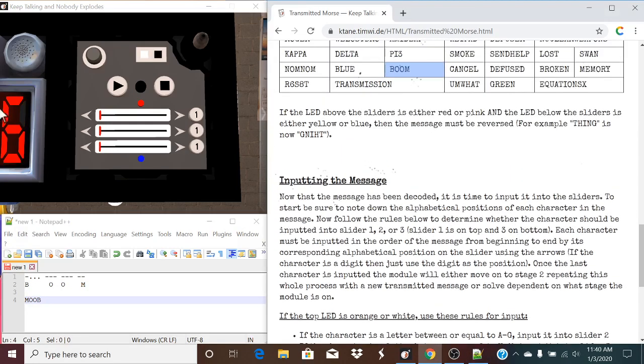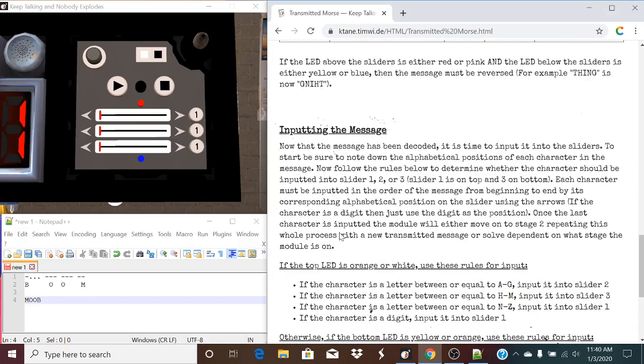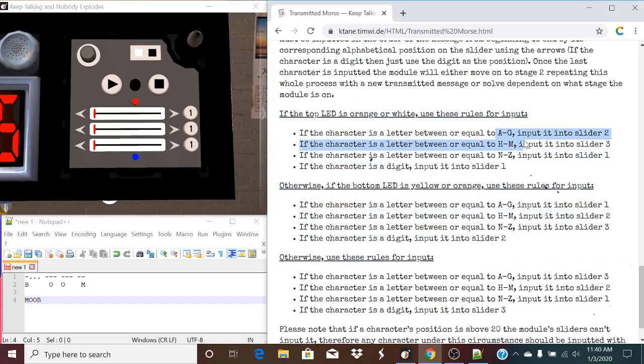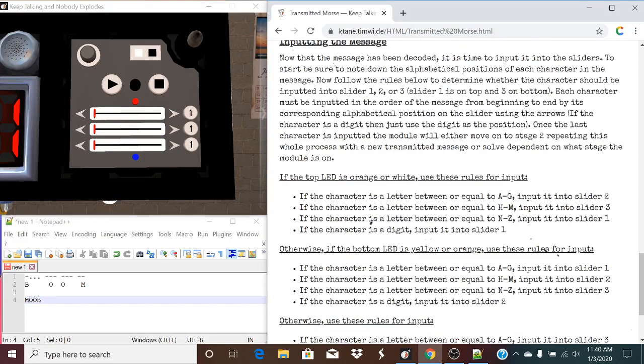So now what we need to do is essentially input that back in. How do we do that? We look for these rules and figure out what ranges of letters must be inputted onto each slider. Now, an important thing to note is that looking at this Hotel through Mike on slider 3, this does not mean that Hotel is equal to 1.